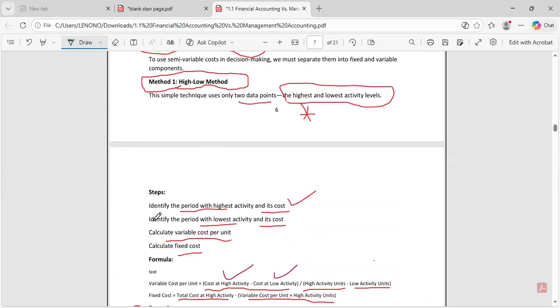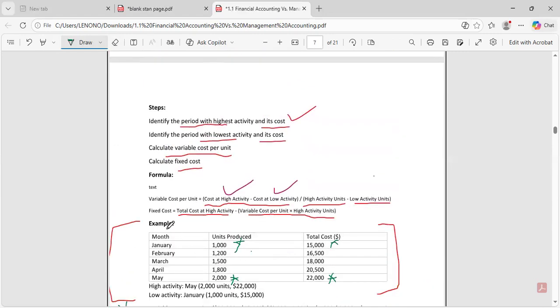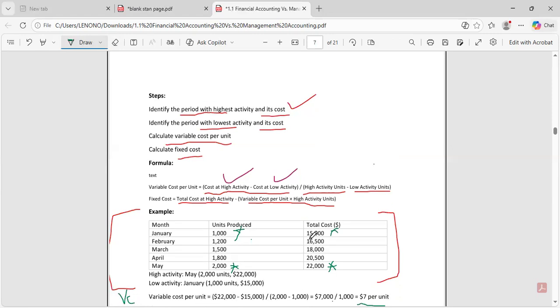And of course, identify the period with lowest activity and its cost, and calculate the variable cost per unit and the fixed cost per unit. And the formula that we use to calculate the variable cost per unit is cost at high activity minus cost at low activity, divided by high activity minus low activity.